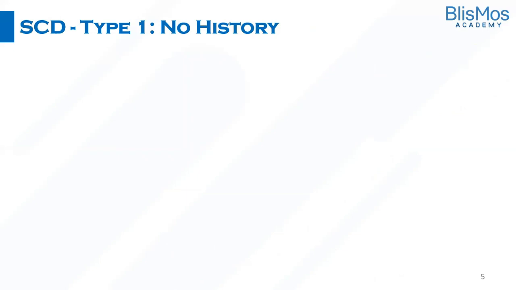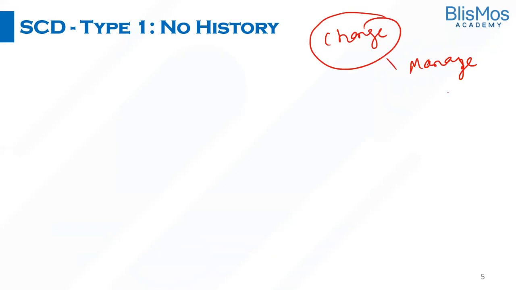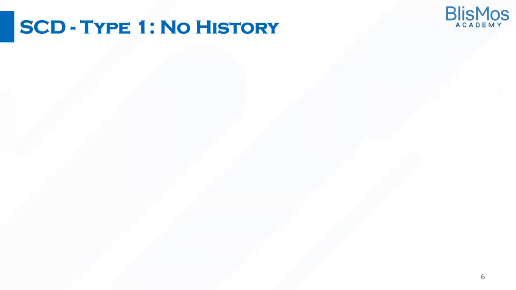If I ask you a question, why are we talking about the SCD type 0, type 1, type 2? The answer is if there is a change in the dimensions, we want to manage them. We want to tackle the changes. The referential integrity is taken care of. So in type 1, the way we are tackling the SCD changes is by replacing the old value with the new value.